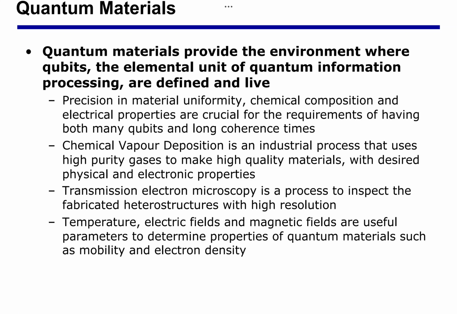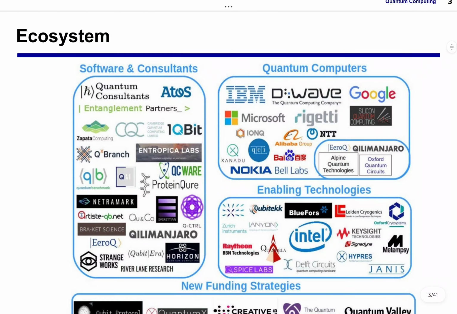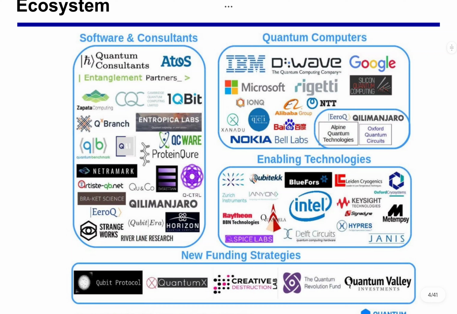Precision in material uniformity, chemical composition, and electronic properties are crucial. Temperature requirements are very strict for the ecosystem, so there are different companies concerning software, hardware, and enabling technology and so on.